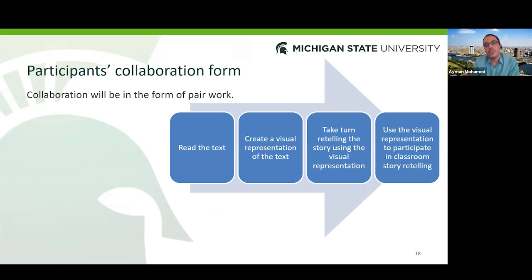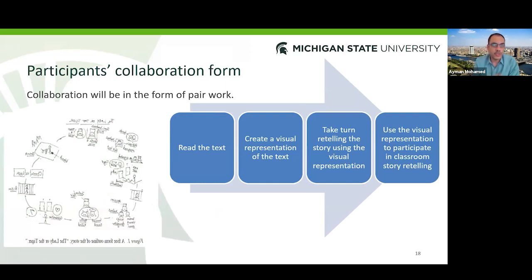So how did the collaboration task work? To conduct the vocabulary test collaboratively, students were asked to read the text and create a visual representation of what they understood from the text, and take turns retelling the story using their visual representation.